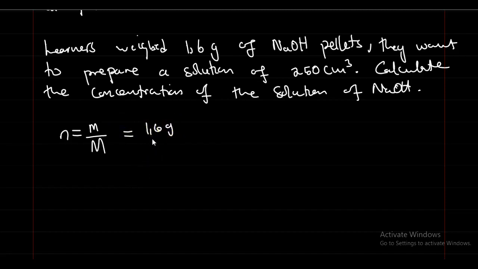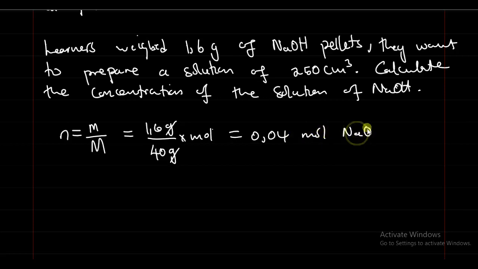And the molar mass of sodium hydroxide is 40 grams per mole. I've already showed you how to calculate molar mass, so it's not going to be a problem for you. So now gram cancels gram, and 1.6 over 40, how much are we having? We have 0.04 moles of sodium hydroxide.